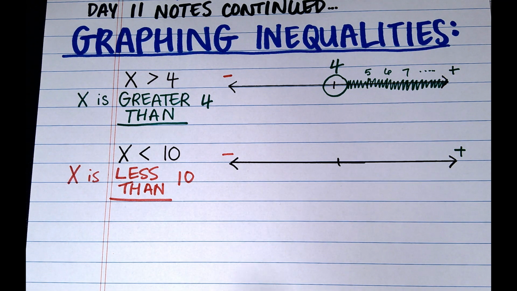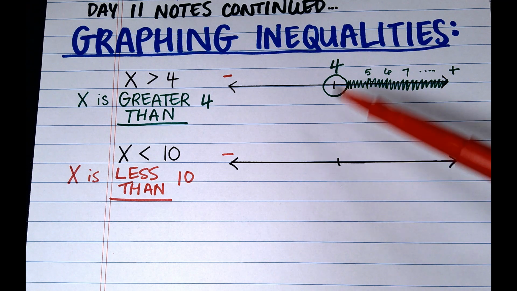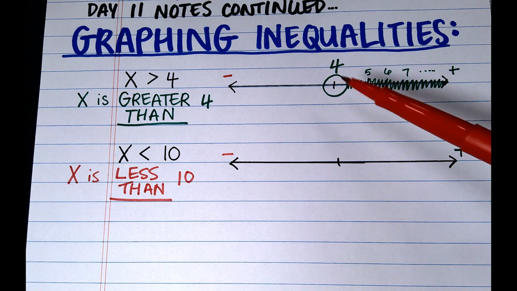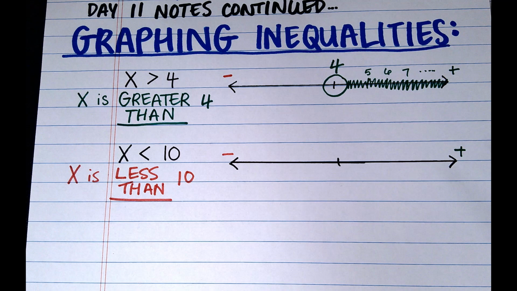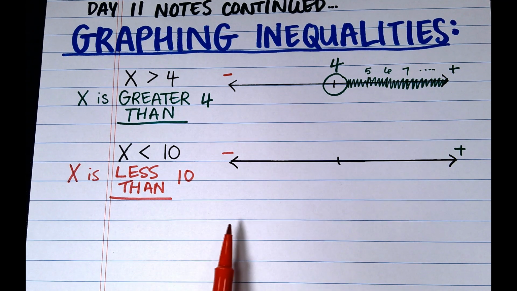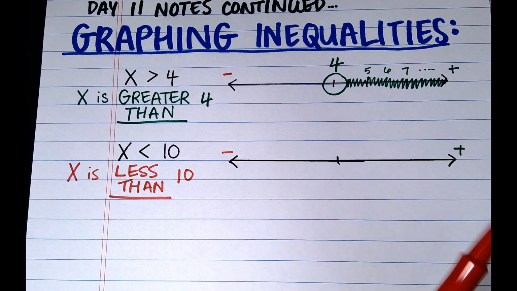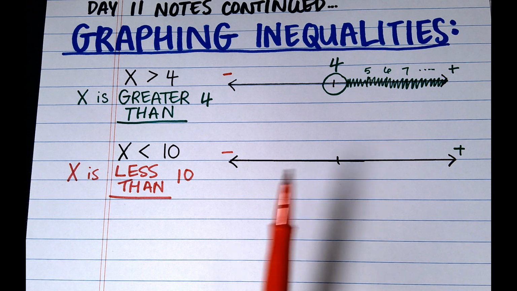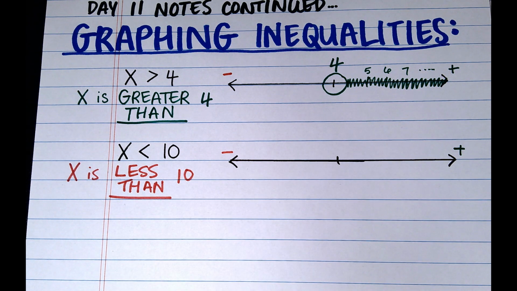So, based off of what we did for x is greater than 4, remember the first thing we did is we wrote the 4, we circled the tick mark, and then we shaded. Those 3 steps. So, what do you think we would do for x is less than 10?